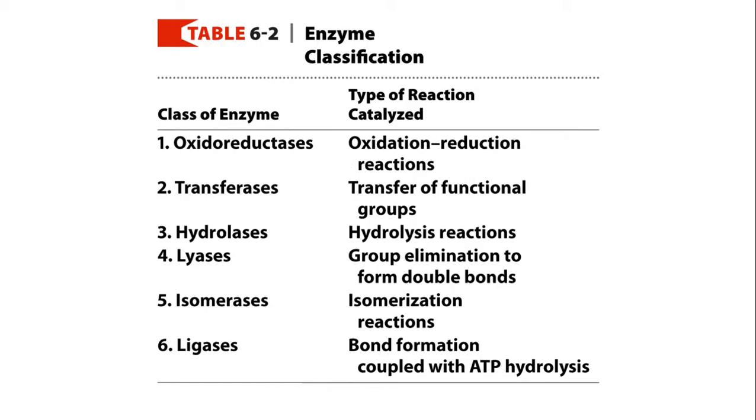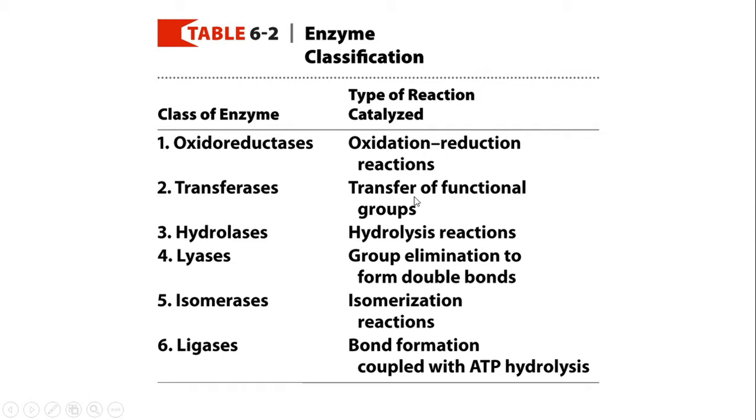So just some additional information on the classification of enzymes. All enzymes are classified and named according to the reaction that they catalyze. There are 6 classes of reaction, and those are shown here. The classes of reactions that are recognized: oxidoreductases. As the name suggests, these catalyze redox reactions.